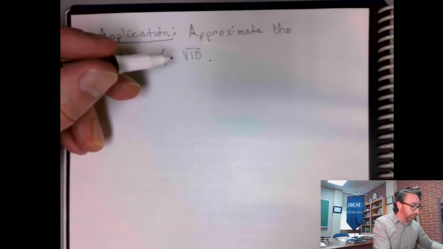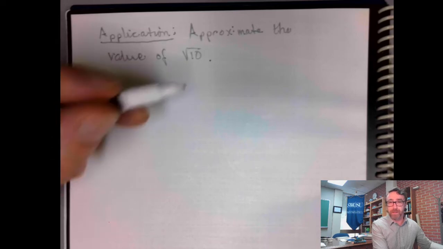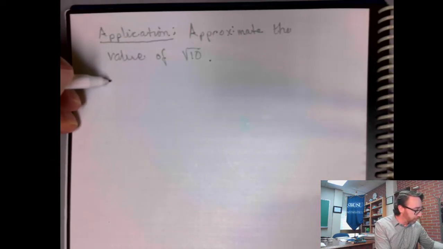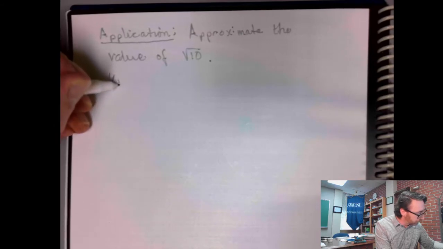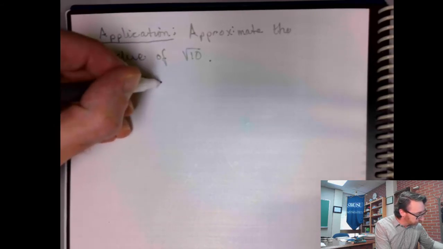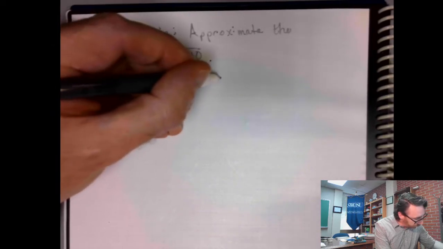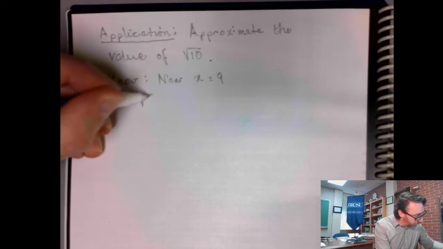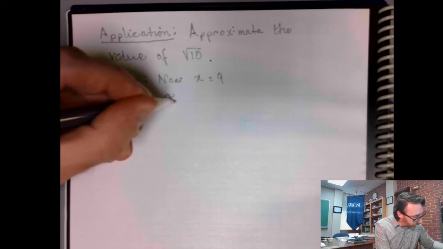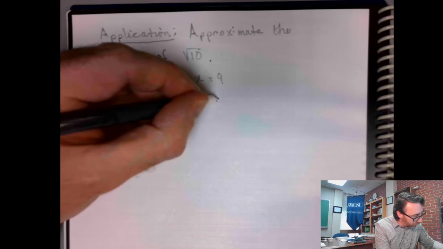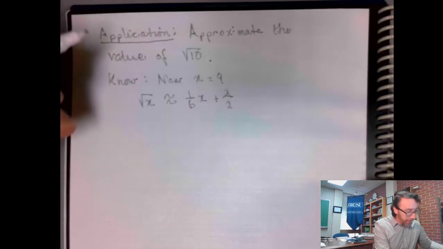Okay, so it's some non-terminating, non-repeating decimal. Don't know what it is. However, I do know that near x equals 9, radical x is approximately equal to 1/6 x plus 3/2.